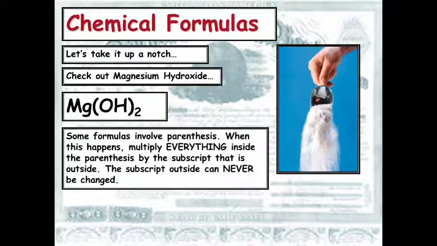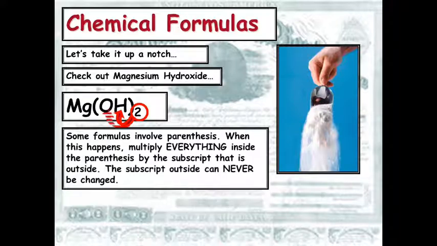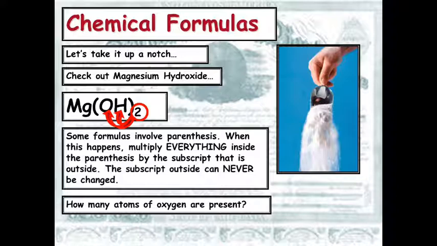Go. So when we figure this out, we're going to have to know that this 2 does distribute to the H and it does distribute to the O. First question, how many atoms of magnesium are here? 1 magnesium. How many oxygens are here? 2 oxygens. How many hydrogens are here? 2 hydrogens are there. So I told you, not much more difficult, but it was stepped up a little bit.